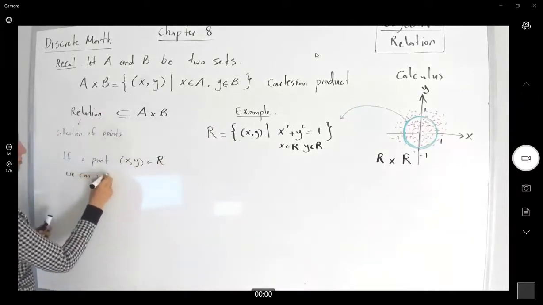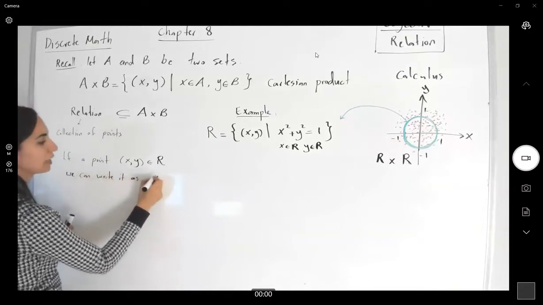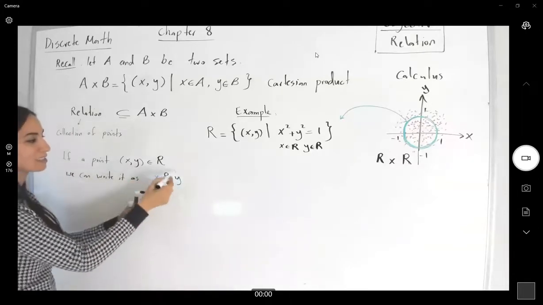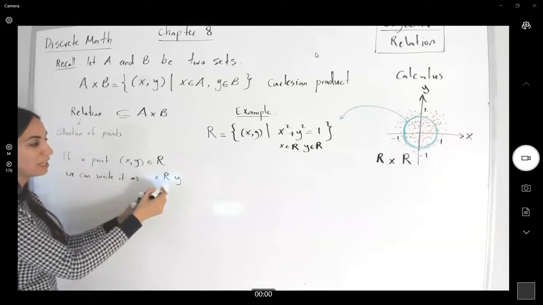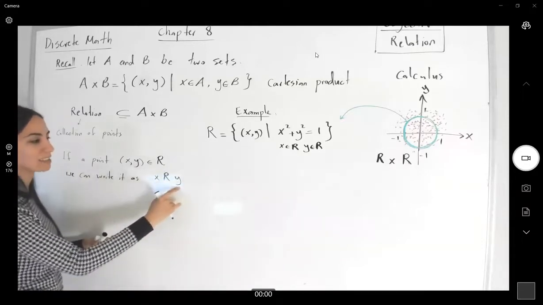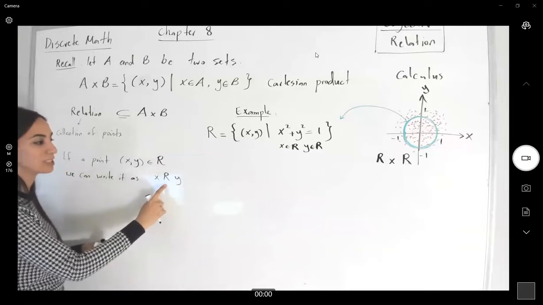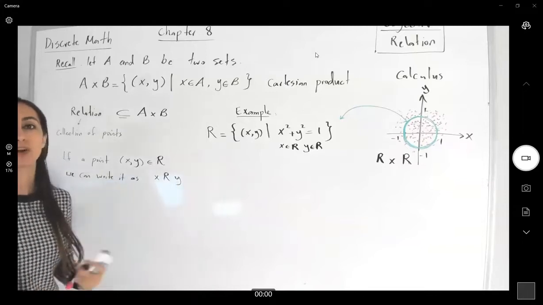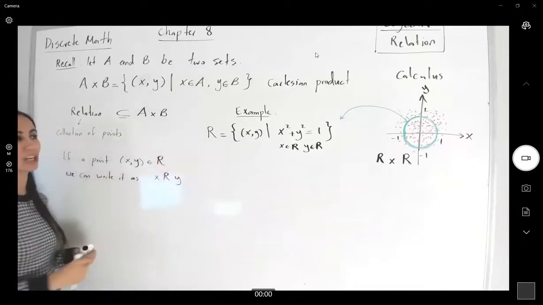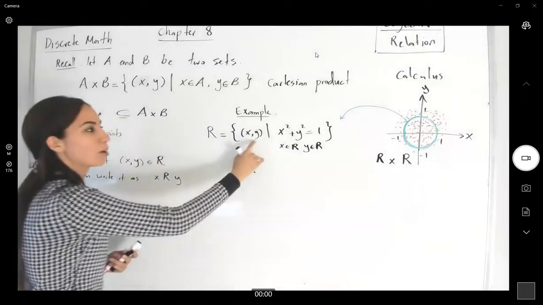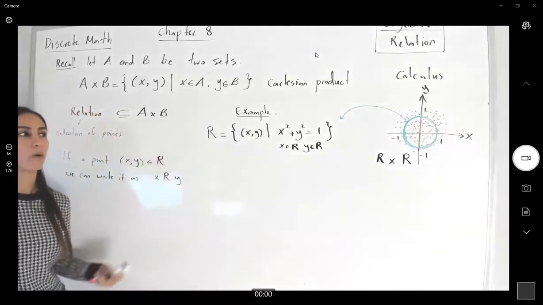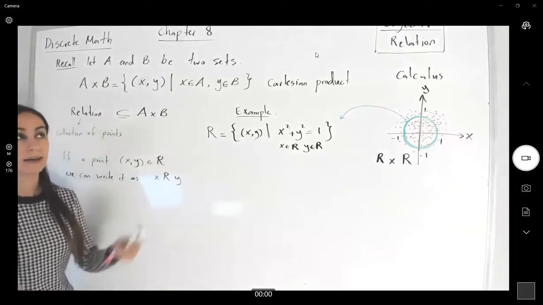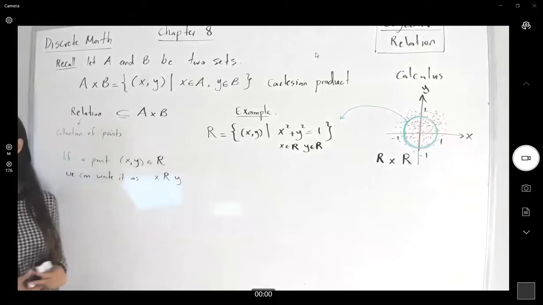You can write it as x R y. What's the meaning of that? It means that x is related to y in R, or x has a relation with y using R. You might use S, T, any other capital letter to represent a relation between some points either in the space or in Z Cartesian product with Z, N Cartesian product with N, and many more sets.